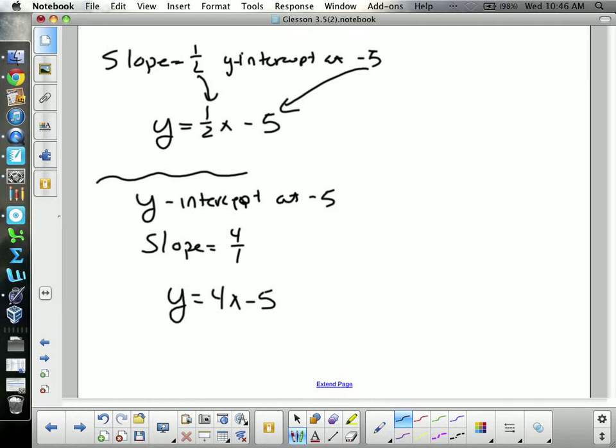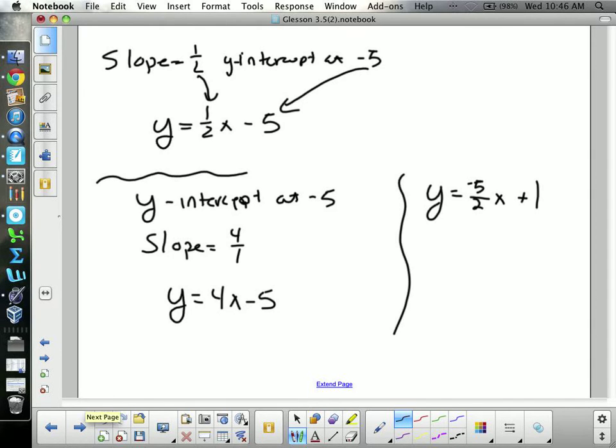Number 6? Oh no, the slope is -5 over 2. Okay, I'm sorry. I thought you were giving me the point. My bad. Yeah, the slope is down 5 over 2. So y equals -5/2 x plus 1, because it's positive 1.